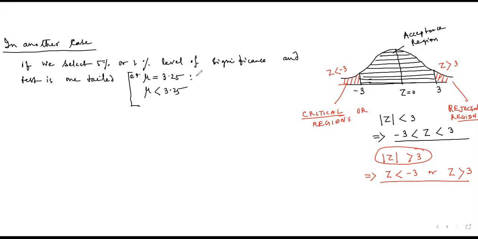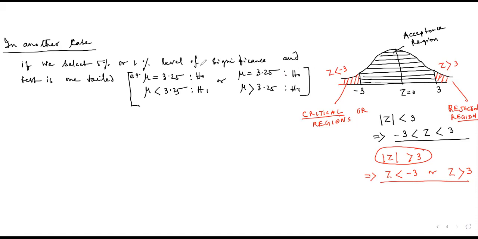This is my H naught and this is my H1. Or suppose I'm writing it in this manner, mu is 3.25 and mu is greater than 3.25. This is my H naught and this is my H1.